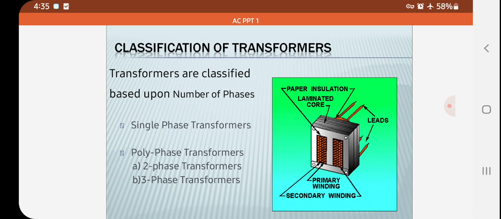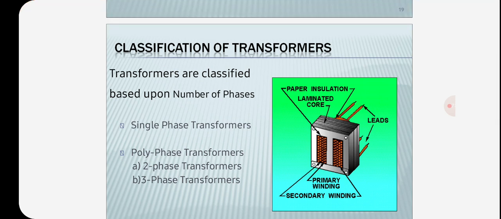Next we go for classification of transformers. There are many ways in which transformers can be classified. The transformers can be classified as follows.